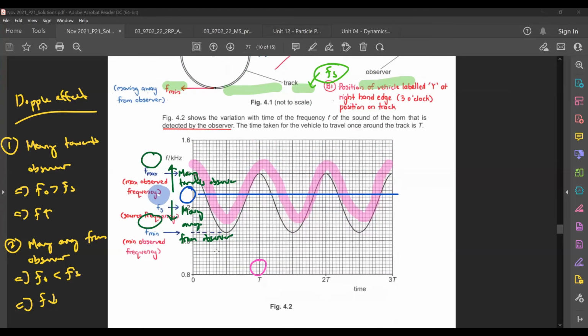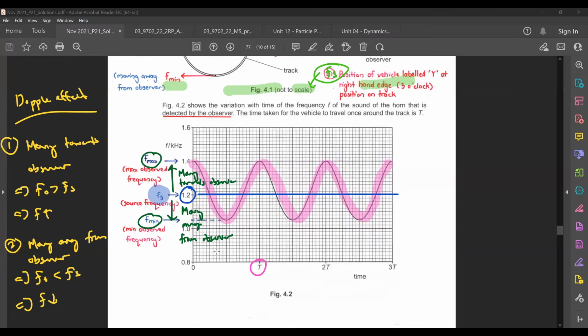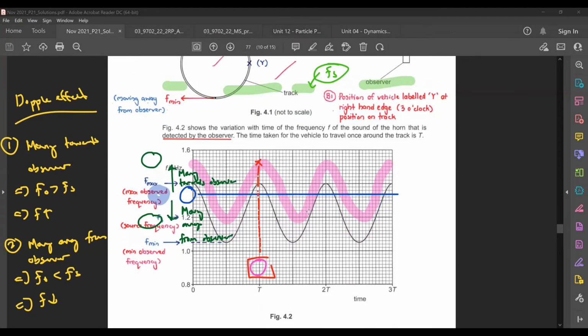So the question wants you to find out the position of the vehicle at time T. Okay, this is your time T, right? So at time T, this is your maximum observed frequency, which is the maximum possible, right?